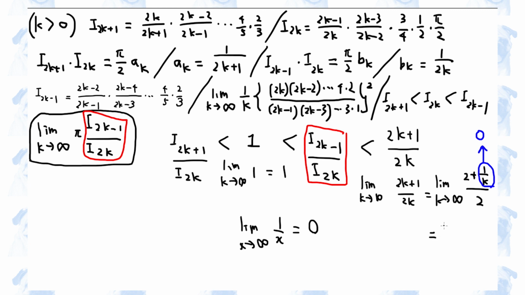So this is equal to 2 over 2, which is 1. So we have now shown that this function in between is squeezed between two functions with the same limit. Therefore, this is equal to pi times 1, which is just pi. And this is the final answer.